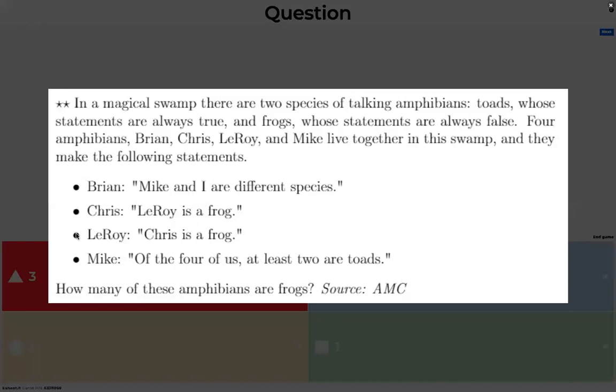In this one, you can look at the fact that Brian and Mike are related to each other, and Chris and Leroy are related to each other. So you can do those two independently.